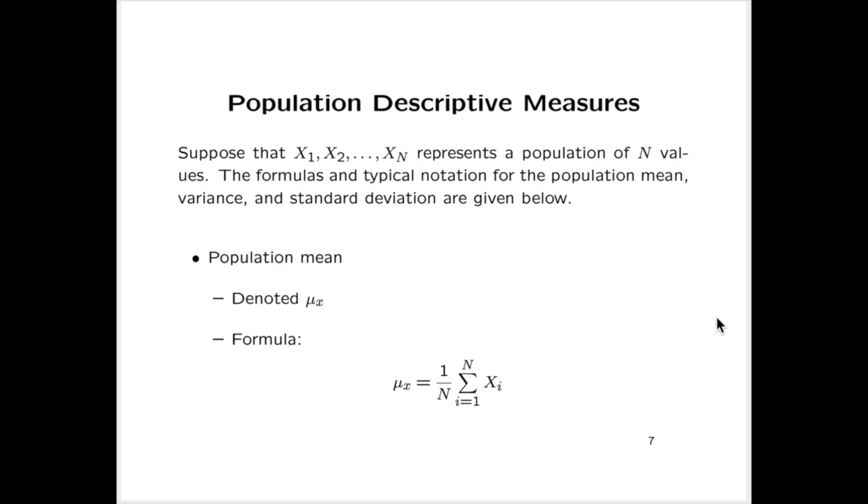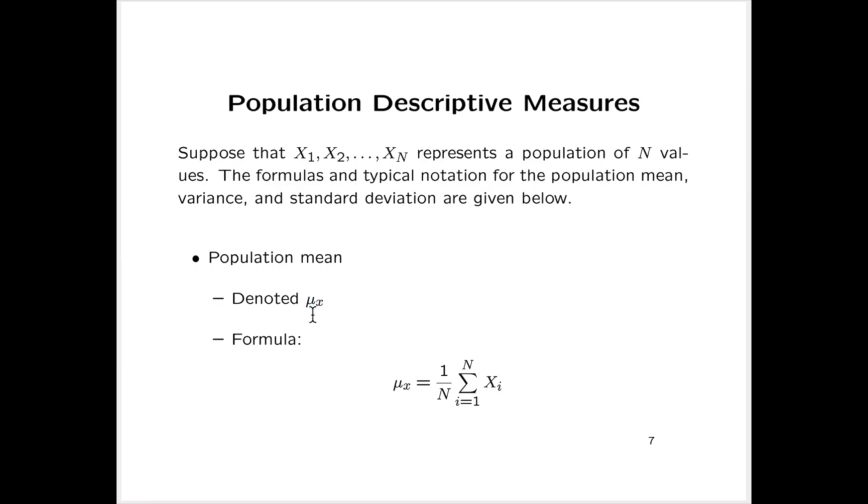Perhaps the most common measure of location for a population of values is the population mean. Again, it's very important that we distinguish between populations and samples, not only in our thinking but also in our notation.